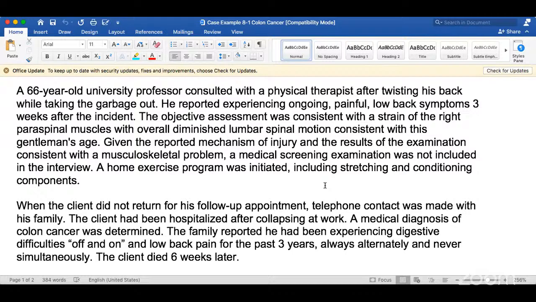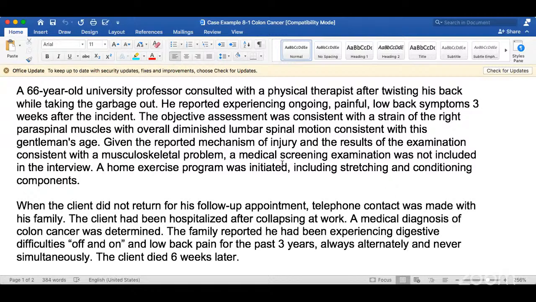And he's saying that it started 3 weeks after the incident happened. It's still paining him, and it's still paining him so much. 3 weeks, it's paining him now, and he tells you this is how it is for him. It should already point you towards something else. It should not have narrowed your mind to just doing a physical examination, because it's not enough. And so that's the mistake that the therapist made in this situation.